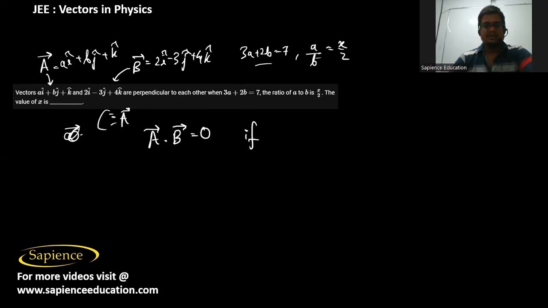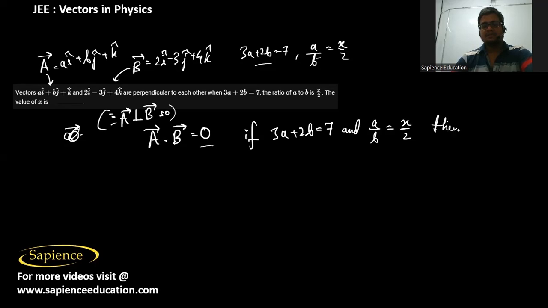Since vector a is perpendicular to vector b, we can say that a dot b will be 0. And here it is also told that if 3a plus 2b equal to 7 and a by b is equal to x by 2, then we need to find out x. So a dot b is 0.